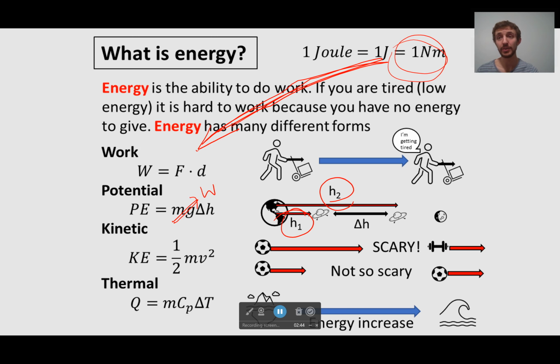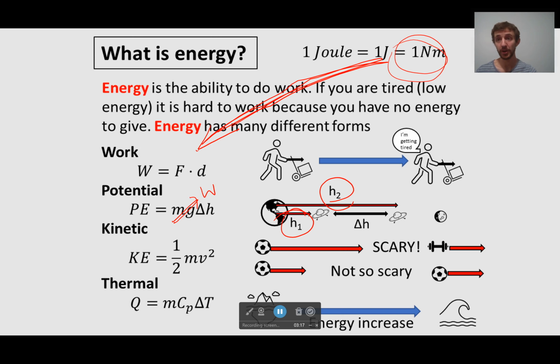But if you had two things coming at you, a feather and a weight, both at the same velocity, I'd want to be hit by the feather. So you know that mass is also important. You know this, because you all made it this far in the class. Both of those together give you kinetic energy.